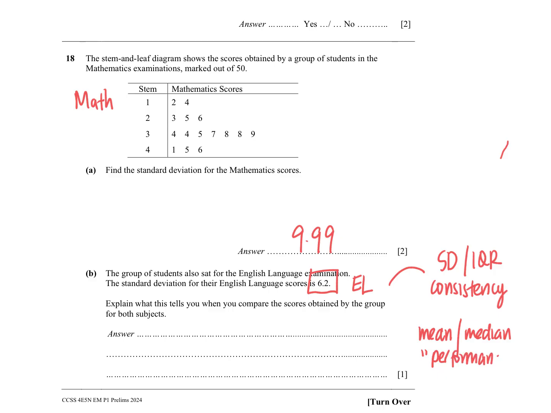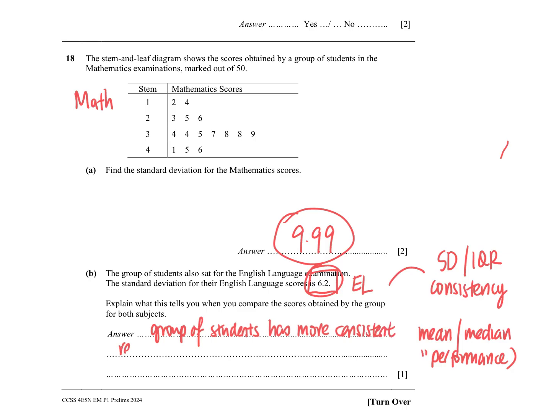So since they ask you to compare the SD, we will say that the group of students has more consistent results for EL since the SD is lower. So you must tell me SD is lower, that's why more consistent.